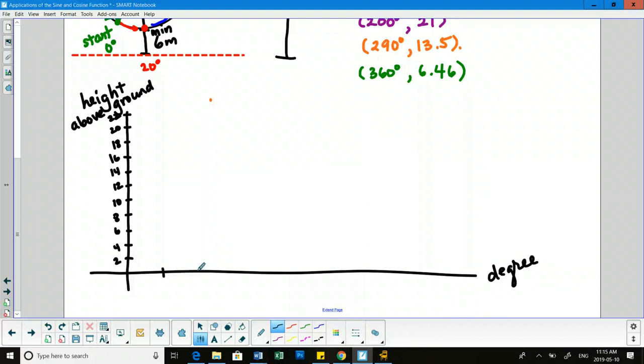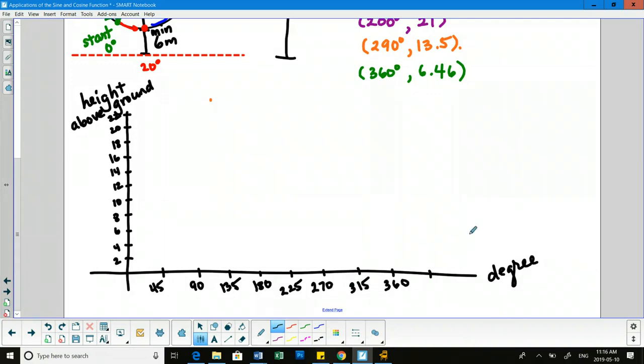So maybe we do 45, 90, that would be 180, 270. So this will be 45, 135, 225, and 315.